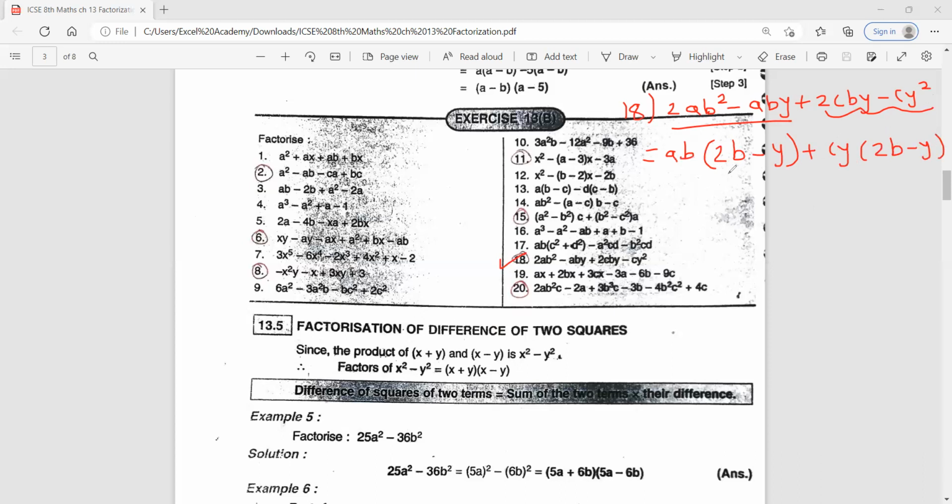Yes, sir. Now you can take 2B minus Y in one bracket and the remaining AB plus CY in another bracket. That's all. These are the factors. What more do you want? How many steps? It was done in 2 steps. And believe me, this will be asked for 2 marks. Yes, 2 steps, 2 marks. A lottery. Seriously, no one will ask for 1 mark.